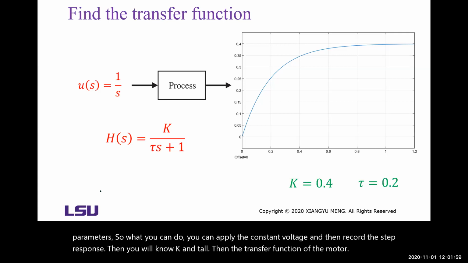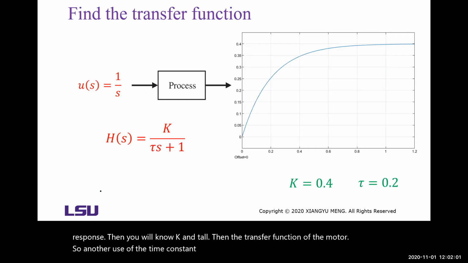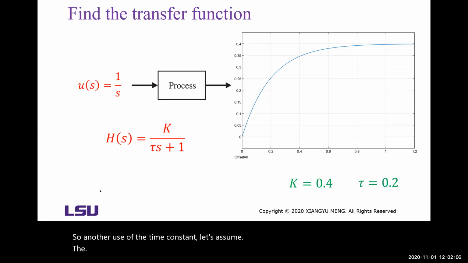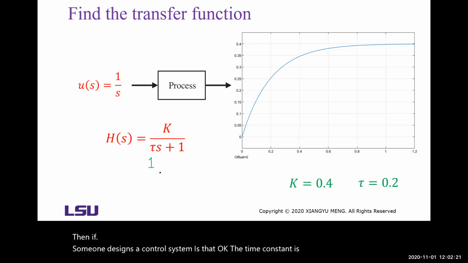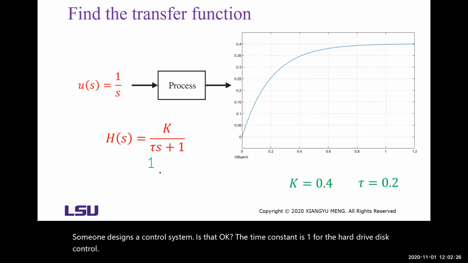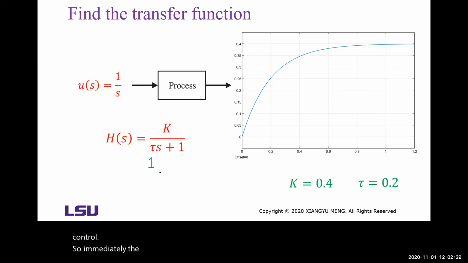So another use of the time constant, let's assume the hard drive disk control. If someone designs a control system and says, okay, the time constant is 1 for the hard drive disk control, immediately you know the design is not good. Why?